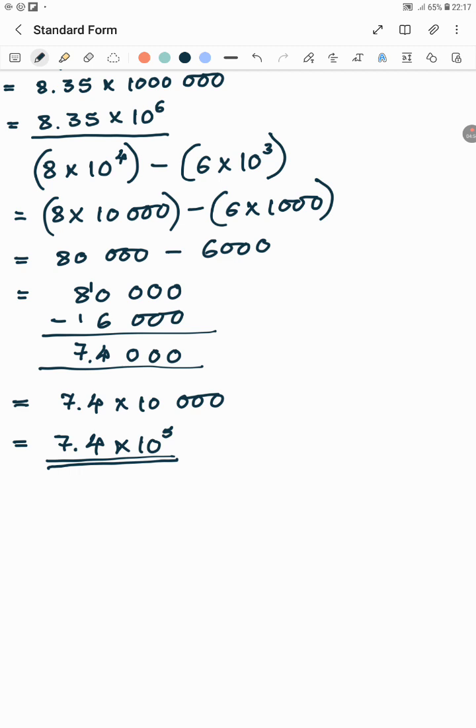Okay, I'm going to look at yet another example under addition, say you have a question that says 7 times 10 to the power minus 3 plus 6 times 10 to the power minus 4.